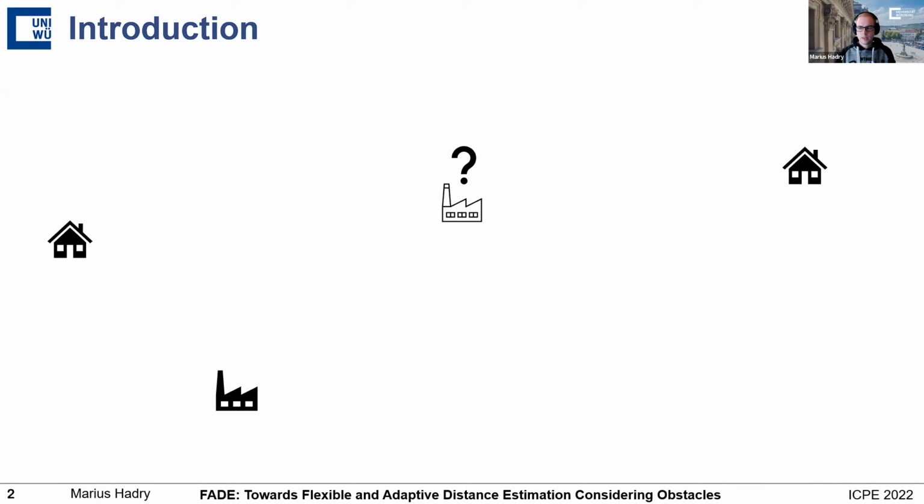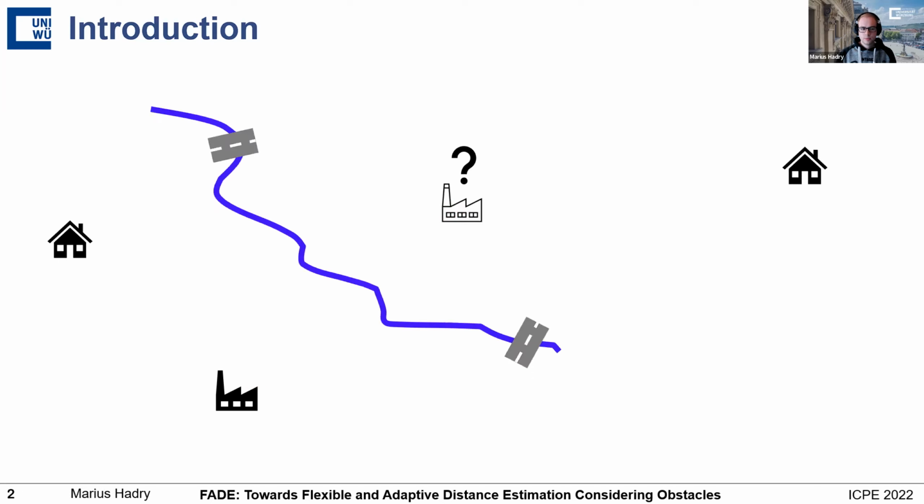And there we often rely on mathematical functions like the great circle distance, which is simply the straight line distance between two locations. This is actually pretty fast, but is also inaccurate in the case where obstacles are in the way.